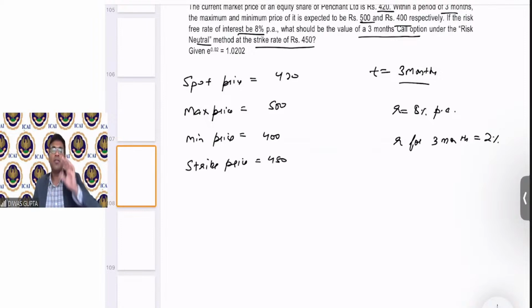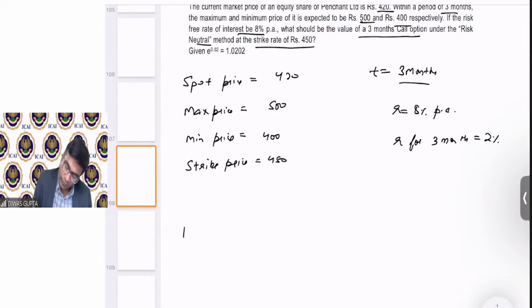Okay, students, keeping all this information in mind, we have to compute the value of the call option on the risk neutral method basis. Now, one point to note is we will apply the probabilities that have been given under the risk neutral method. And students, let me tell you, the probability calculation is similar, right? Whether you use the risk neutral method or the binomial method, it's one and the same thing.